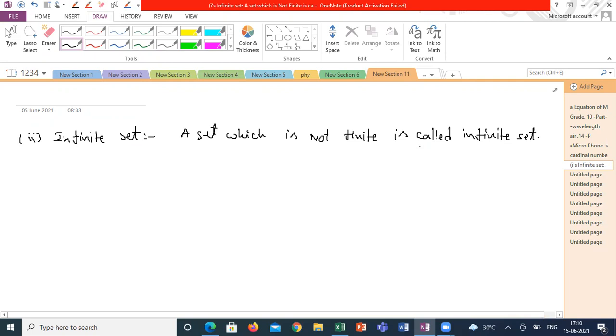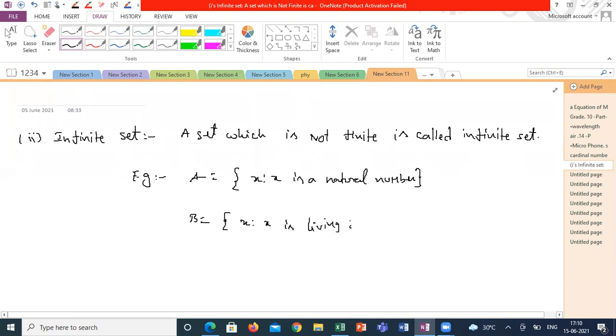A set whose elements never end is also called an infinite set. Examples: the set of natural numbers, {x : x is a natural number}. Infinite set. Any other examples? {x : x is a living thing in the universe}.